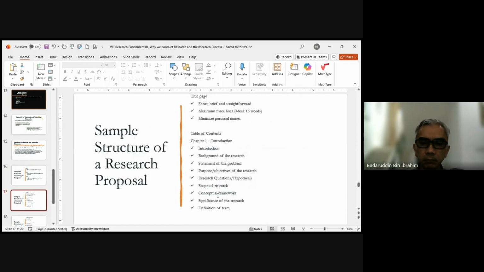Okay. So the next 2 slides are just about the sample structure of the research proposal. As a UTHM postgraduate student, I would advise you to go through the postgraduate thesis writing format at the beginning stage, as soon as possible. Don't look at it later.